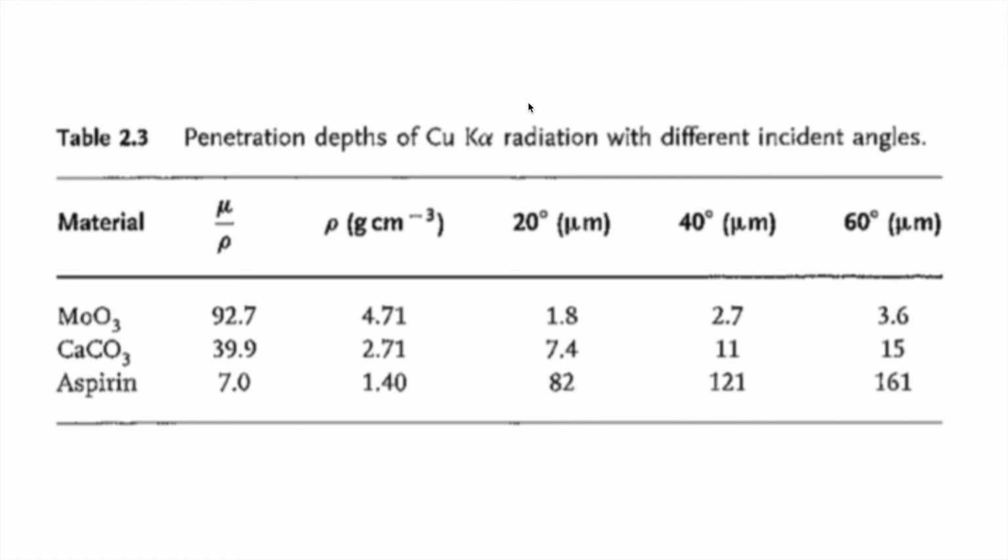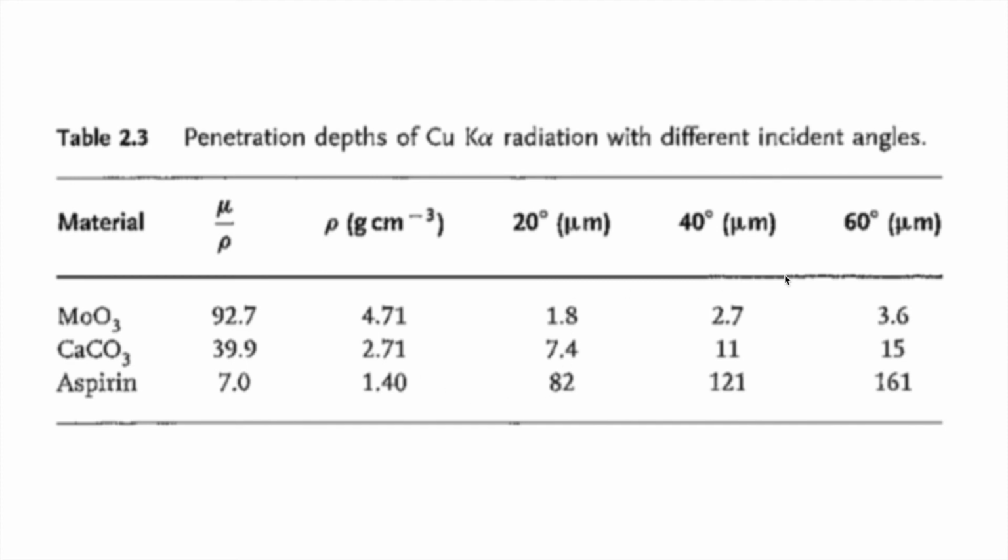Here's a table from your textbook, 2.3, that gives us some of these depths for copper K alpha radiation at different incident angles. We've got a couple ceramics here, molybdenum oxide, calcium carbonate, and the medicine aspirin. That gives you a range of different densities for these materials, and the densities are listed here.